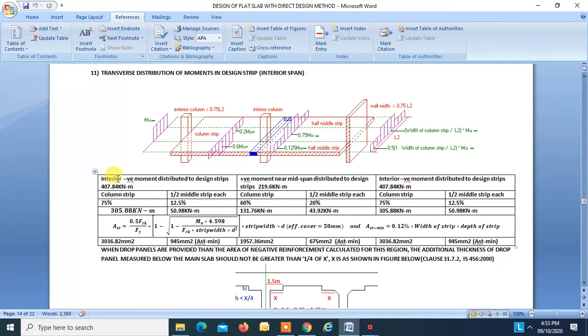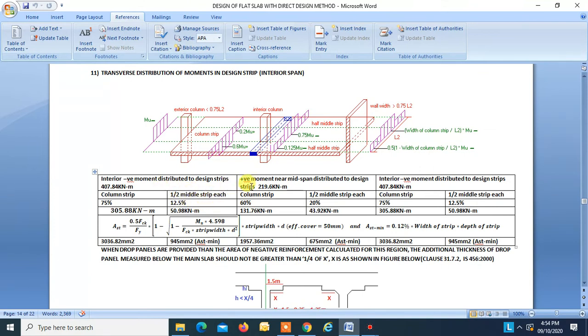Interior negative moment distribution to design strip: that interior moment is 407.84, and 75% of this will be taken by the column strip, and 12.5% will be taken by the other two half middle strips.